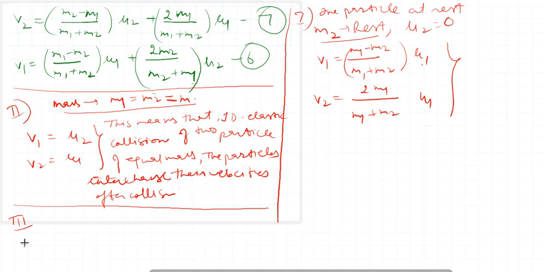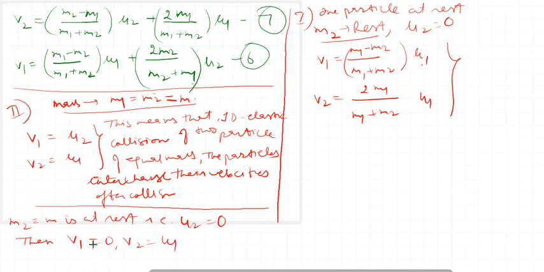Sorry, not the third case, but let me do one more thing here. Now, if m2 is equal to m, at rest, that is U2 will become 0, then V1 will become 0 and V2 will become U1.